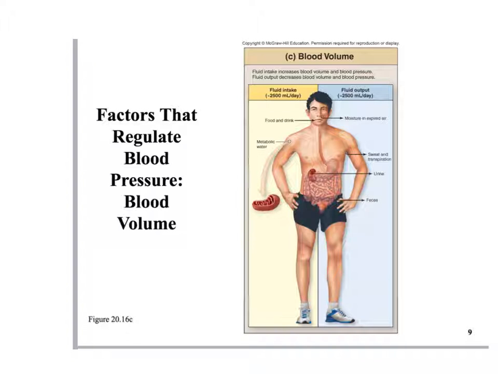How much you consume and drink should equal how much you lose in the day. Therefore, there's no net loss. But if you consume more and you produce more, you need to get rid of more. If not, you end up with a higher blood volume and elevated blood pressure. Increasing blood volume can lead to an increase in blood pressure.